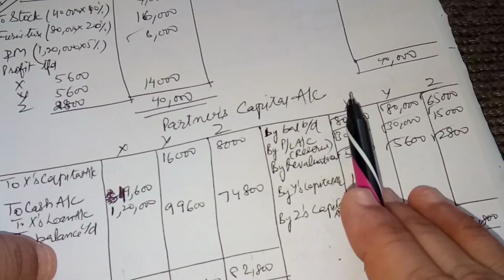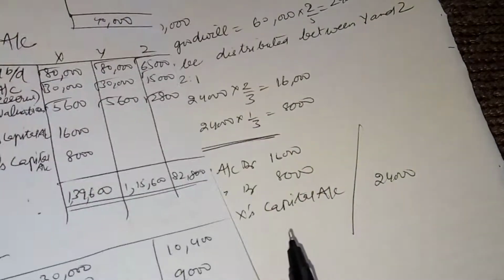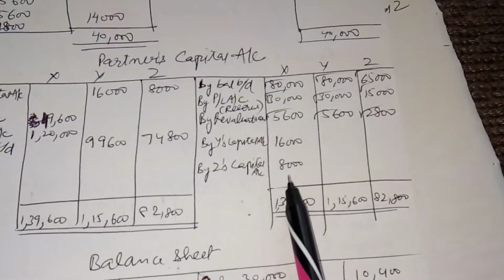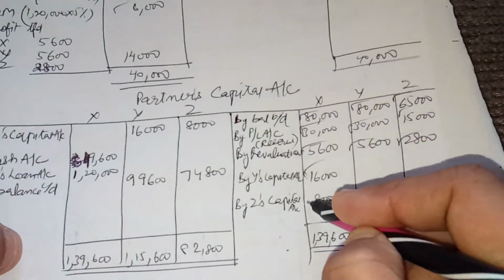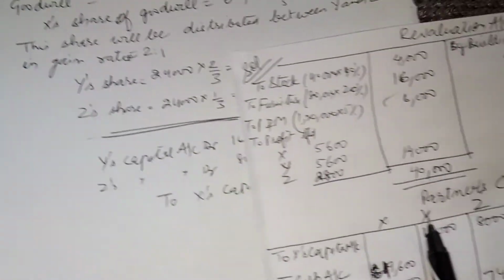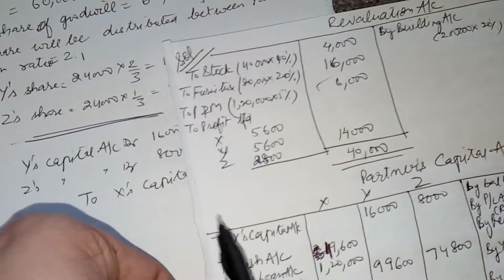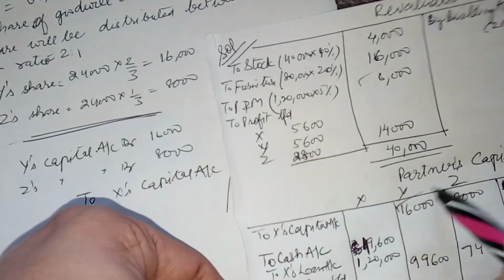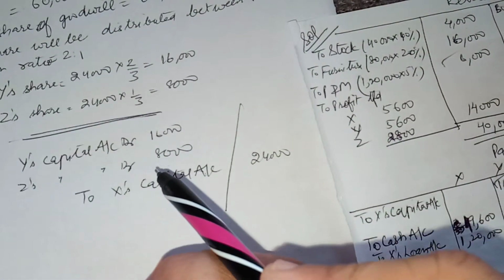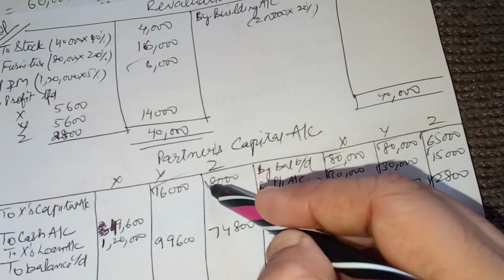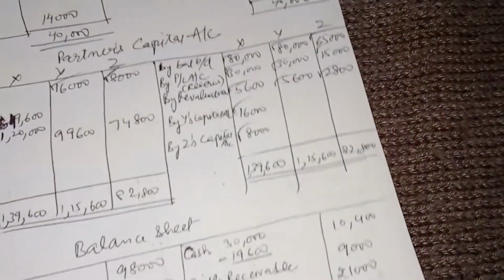In X's account, the entry will be by Y's capital 16,000 and by Z's capital 8,000. In Y's and Z's capital accounts, for Y's capital, the entry will be to X's capital by 16,000, and in Z's capital it will be to X's capital by 8,000. So this will be the basic effect of the entry.